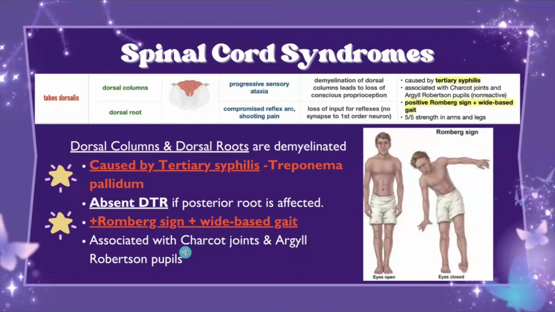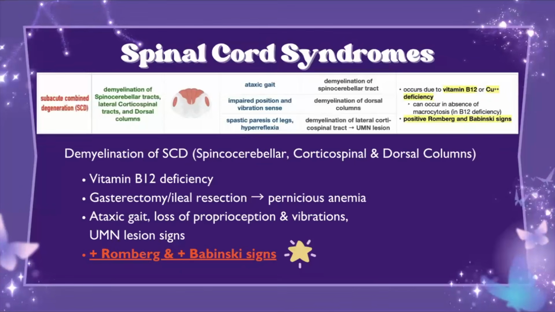That is what we call Charcot joints. Now, in Argyll-Robertson pupils, when you shine a light into their eyes, their pupils would not constrict. However, when you get an item and start bringing it close to their eyes, their pupils would accommodate to this object.